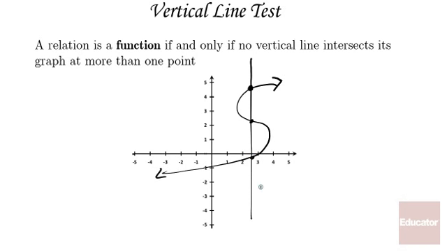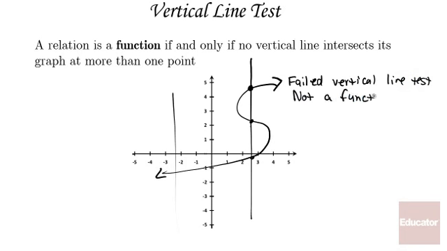Over here, it only intersects at one place. That's fine. But if I can draw a vertical line anywhere on the graph that intersects at more than one place, then we say that this failed the vertical line test.